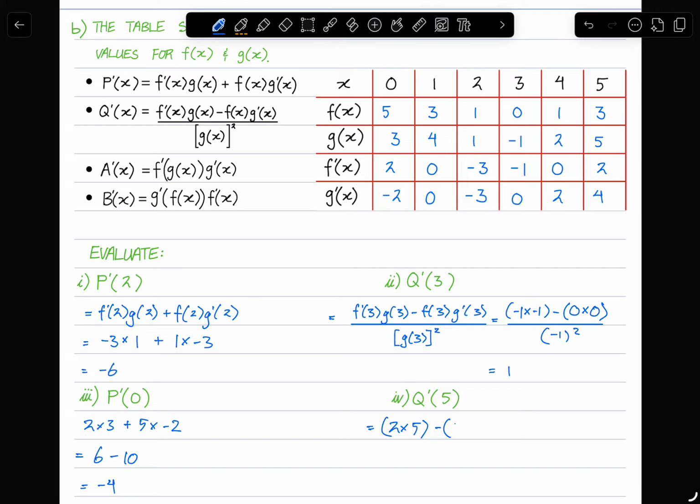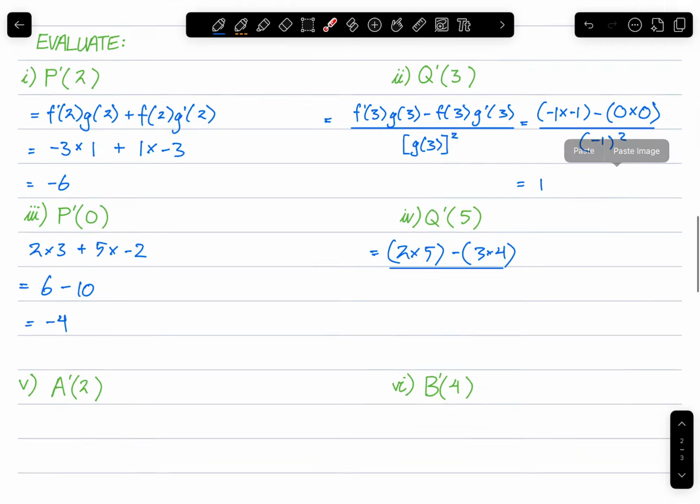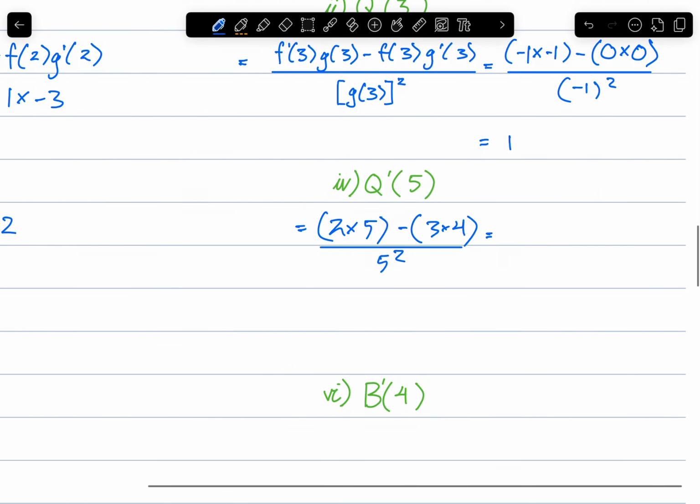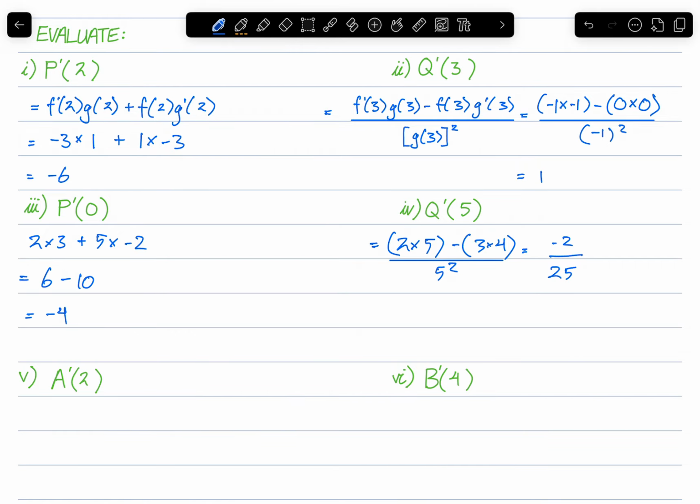That gives me 12, all over g of 5 is 5 all squared. So 5 squared. I'm going to use a calculator for this one. 10 take away 12 is -2 over 25. I'm just going to leave it like that for the result.